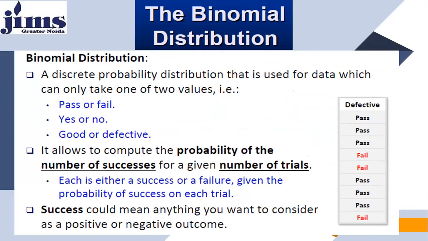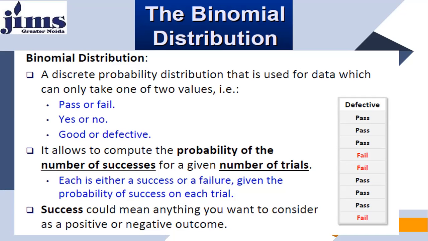Actually, binomial distribution is a discrete probability distribution. Means the binomial distribution comes in the category of discrete probability distribution, that has a possible limited outcomes.